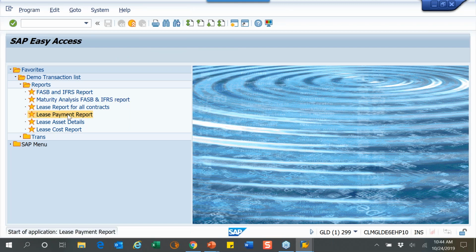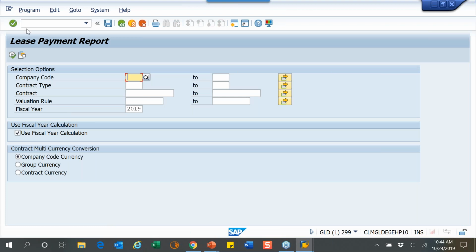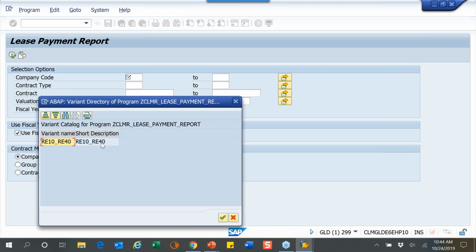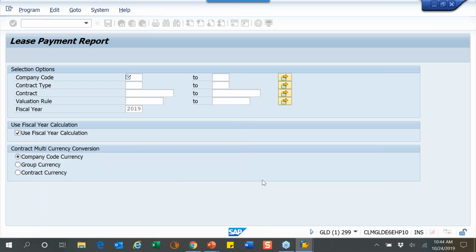But let's just take a look at the payments report. Again, same criteria as being able to focus what you're looking at. Where do you want to do your analysis? Again, this is more for getting your operational details versus regulatory reporting. And then let's go ahead and execute on this one.